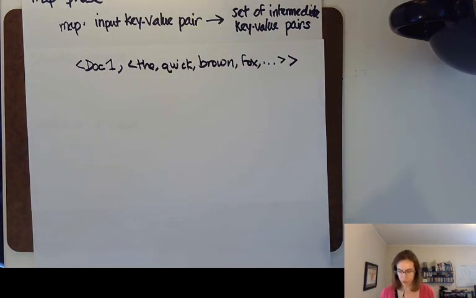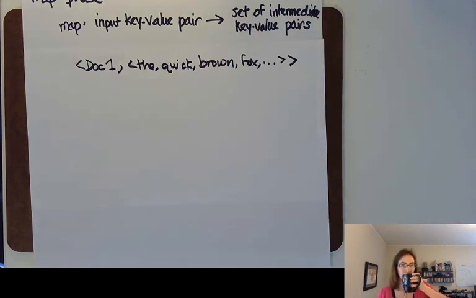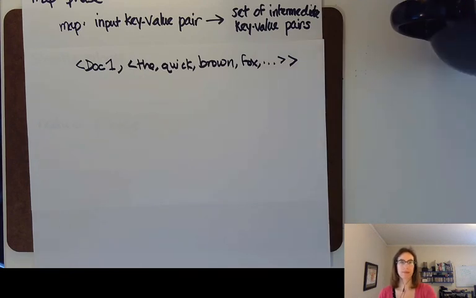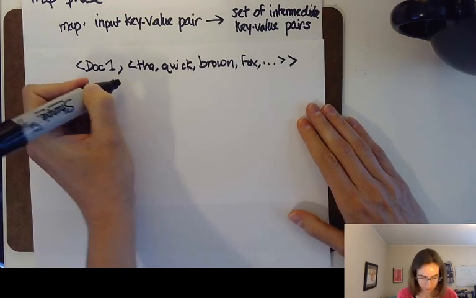And the output of the map function was what in this case? Right, it's going to be something that would look like this.